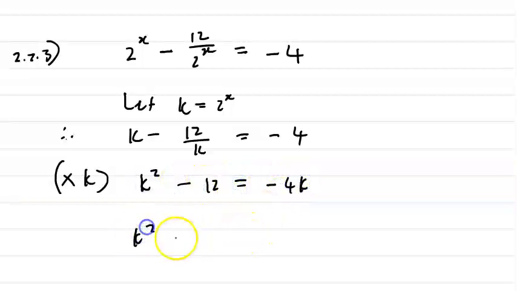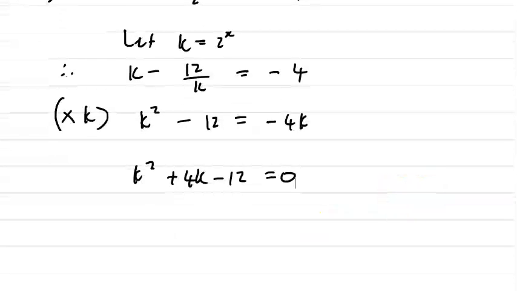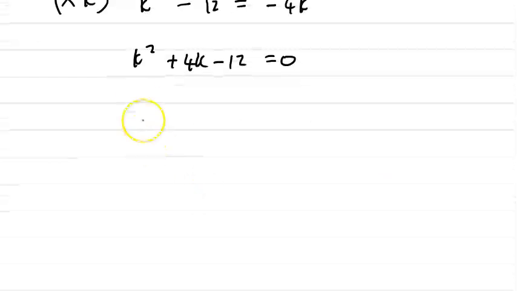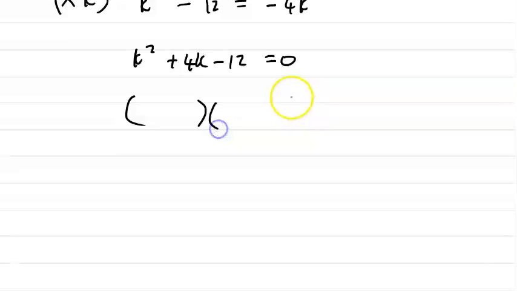So we'll be left with k squared plus 4k minus 12 equals 0. Now we have a quadratic equation which we are going to factorize by inspection. So k times k is k squared, and 2 times 6 is 12. Factors of 12 multiplied together to give minus 12 and added together to give positive 4: that'll be positive 6 and minus 2.